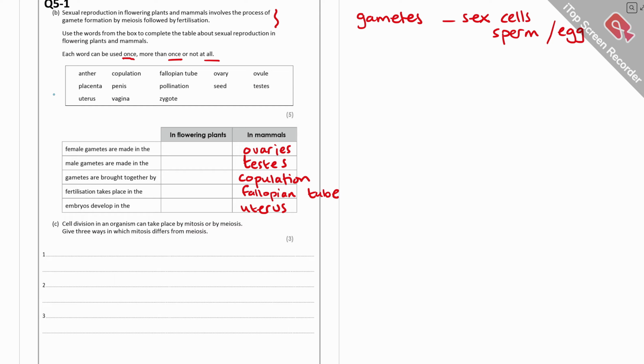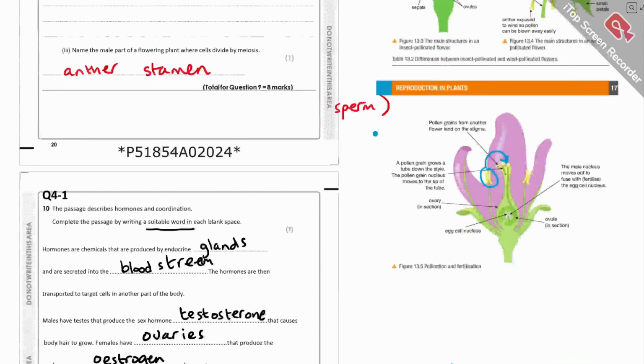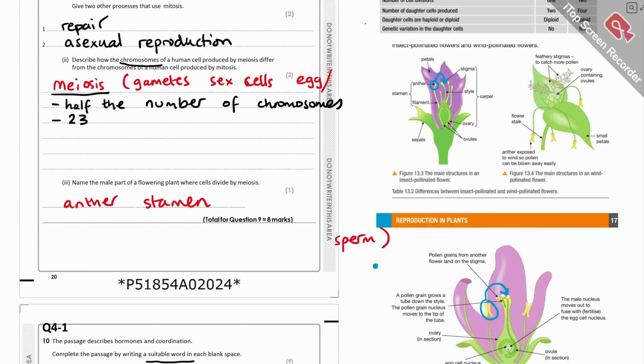Right. I always forget in flowering plants. Okay, so gametes are produced in the ovule. Right here, can you see? If that helps. This bit here is the ovary.